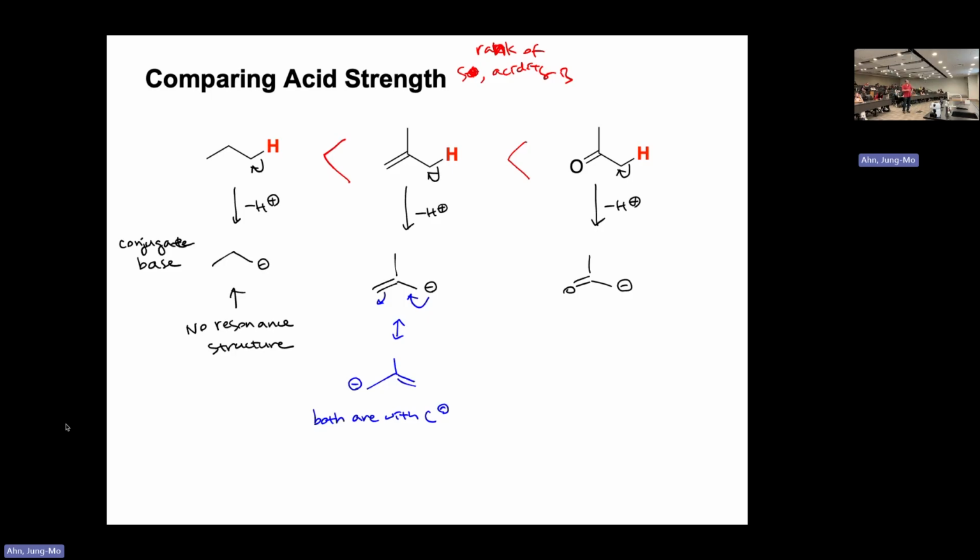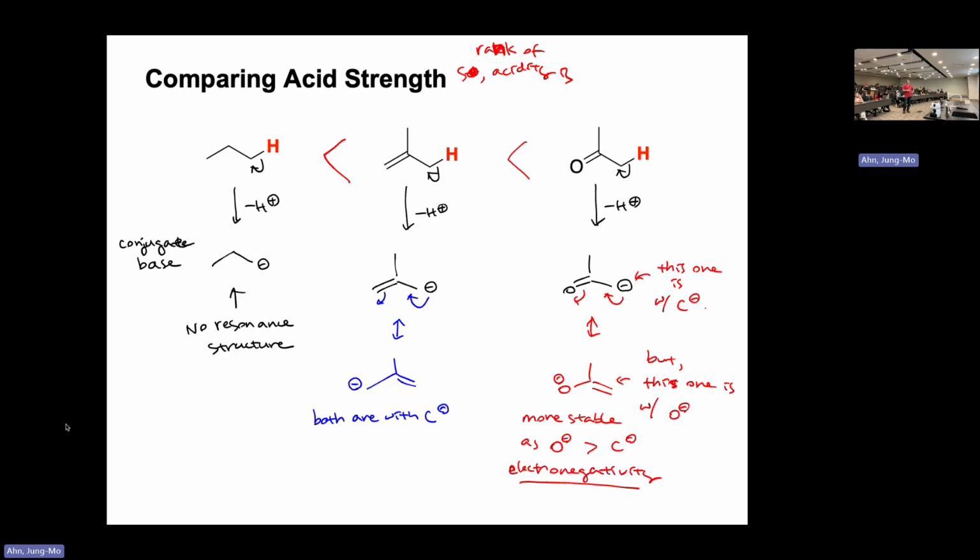Same thing with this one. You can draw the resonance structure by this one coming in, making a double bond, that one coming out, making an oxygen negatively charged. So first of all, having a resonance structure means spreading the charge in the molecule, which helps the acidity or stability of the anion. So those two are better than that one. That is definitely the worst one.